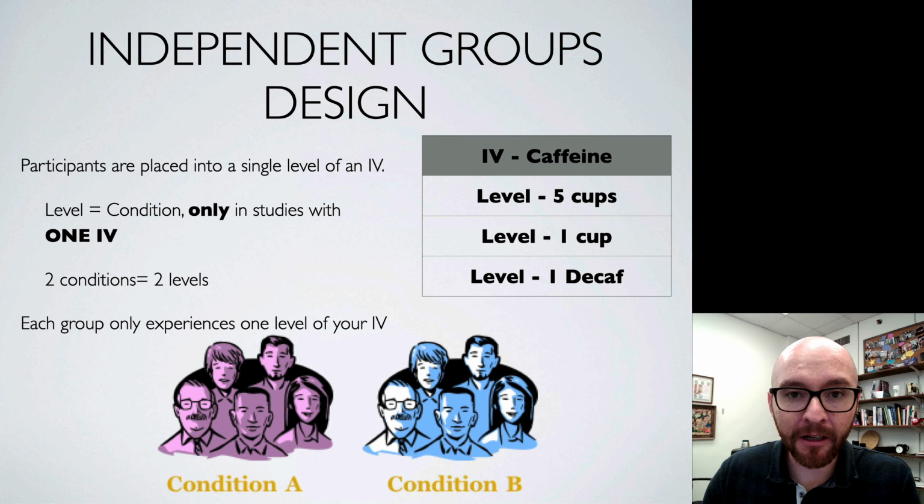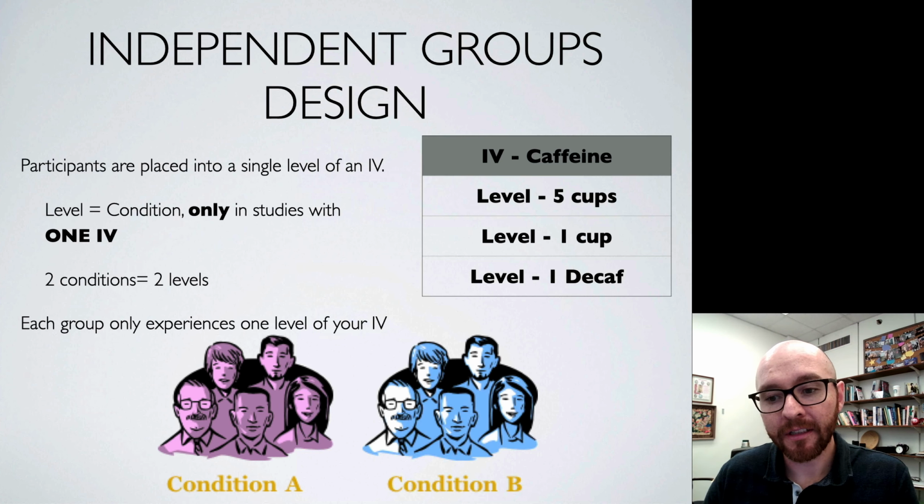And in this experiment, because I only have one IV, you have 3 conditions. If I had time of day and caffeine, morning and afternoon, 5 cups in the morning and 5 cups in the afternoon, that's 2 conditions. 1 cup in the morning and 1 cup in the afternoon, that's another 2 conditions.